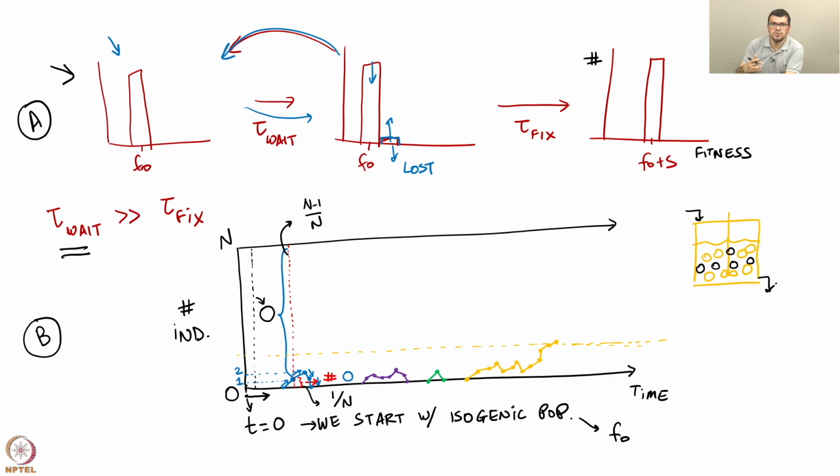If it was 1 or 2, then it is quite possible that these individuals might be lost because of drift, but now there are so many that it is unlikely that all of them will be lost by action of drift without giving selection a chance to increase their frequency.